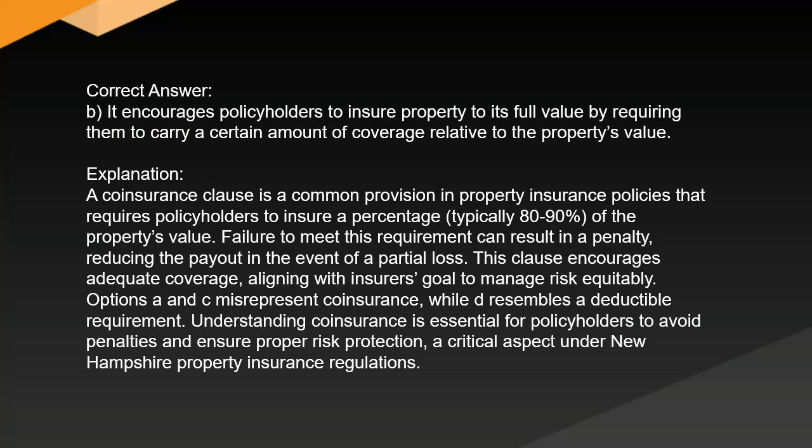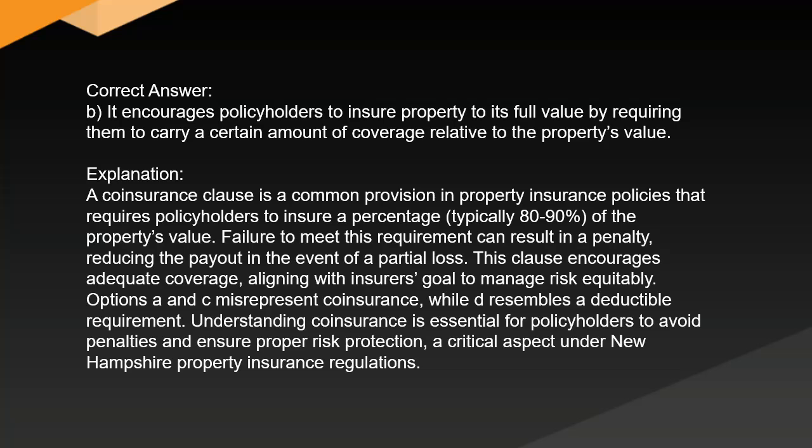Correct answer: B. It encourages policyholders to insure property to its full value by requiring them to carry a certain amount of coverage relative to the property's value. Explanation: A coinsurance clause is a common provision in property insurance policies that requires policyholders to insure a percentage, typically 80-90%, of the property's value.